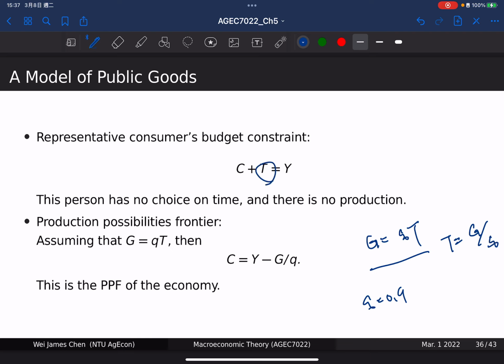So this T can be replaced by G divided by Q. So you get C equals Y minus G divided by Q. That's your production possibility frontier here. Again, PPF is the relationship between C and Y.